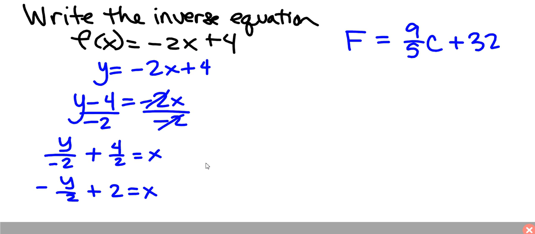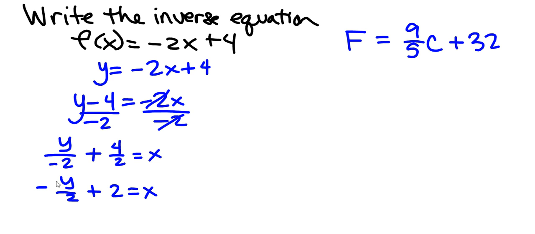The next step is to switch our x and y. So in this question, we have f of x, and we want to write it as the inverse. So we want to write this as f inverse of x. So we're going to switch our x and y here. And my answer I want in inverse notation.